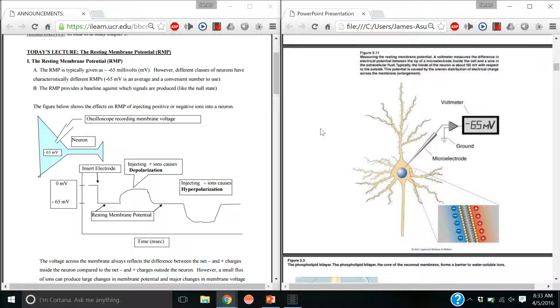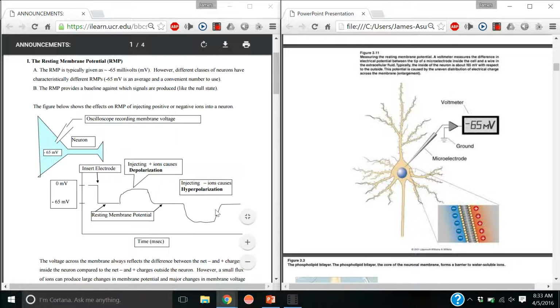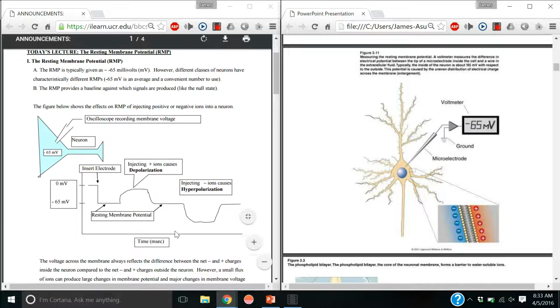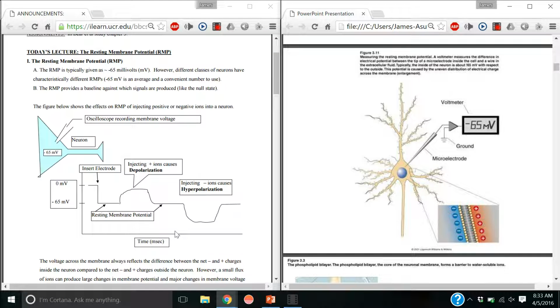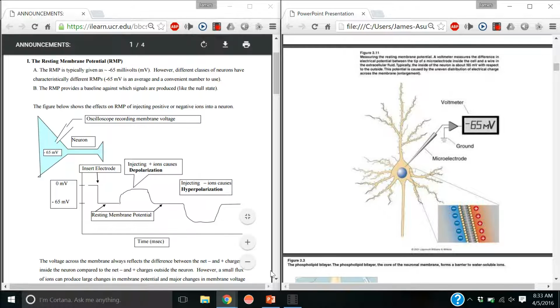So that's a hyperpolarization. At this point, stop injecting the negatively charged ions and the potential will go back to the resting value. So that's two of the 4 ways that you can change the membrane potential. The others are summarized right here.